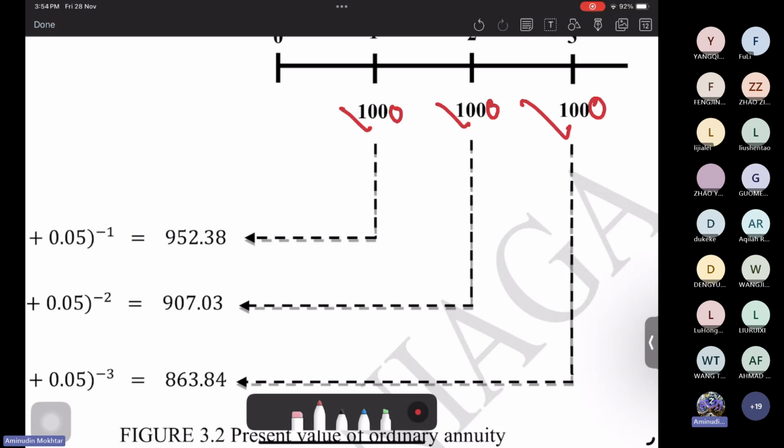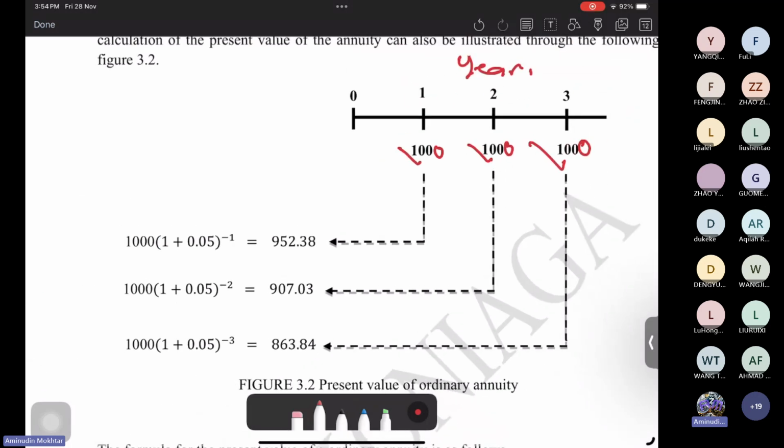In other words, we need to calculate the present value of the annuity. What is the present value? The formula is P equals S(1 + r/m)^-n. That is the basic formula for the future value of money; refer to formula 2.9.